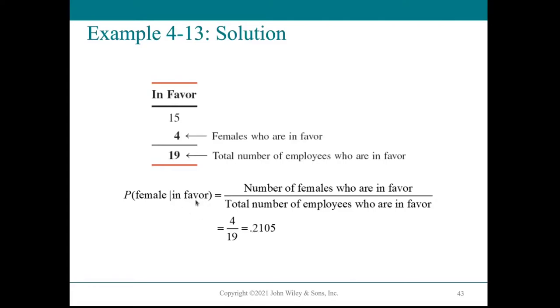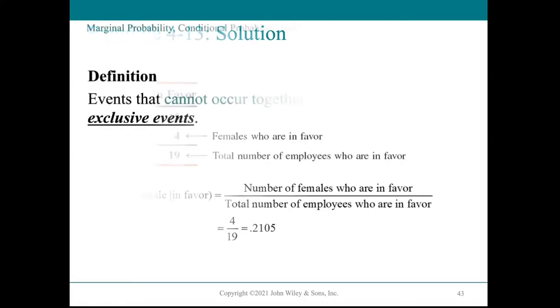The precondition, the condition that comes first, is usually written last in this notation. So the denominator here is 19, the condition that comes first before the condition of being a female, which is also in favor. So the calculation is 4 over 19, which is equal to 0.2105. In conditional probability, it's very important to know the order of the events, which condition comes first.